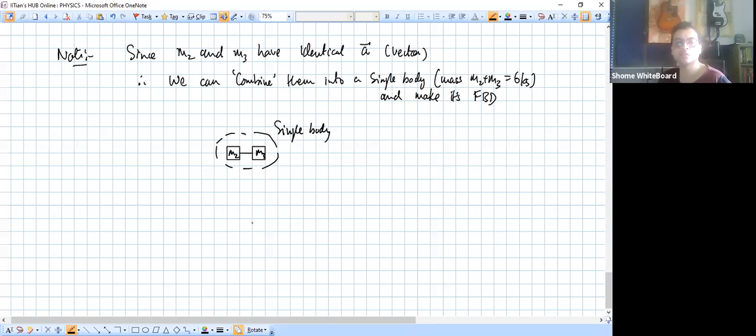Okay, so on that single body, you'll see that there is only the tension from this side acting. And that combined single mass is having an acceleration towards the left, which is A. And of course, on the other side, we'll have to consider the FBD of the other block.